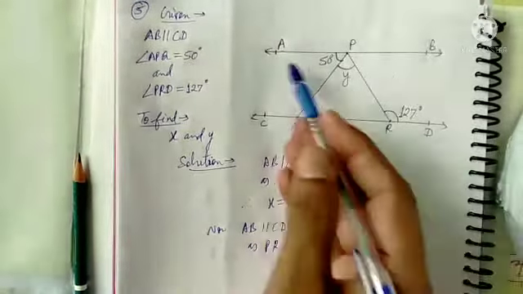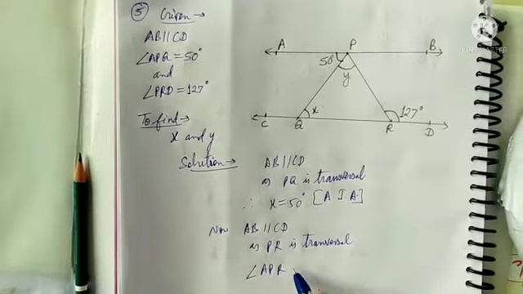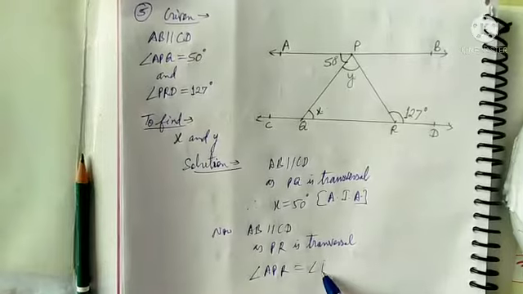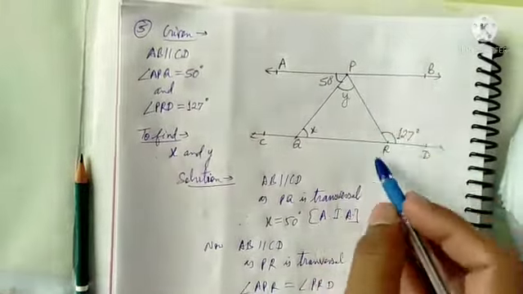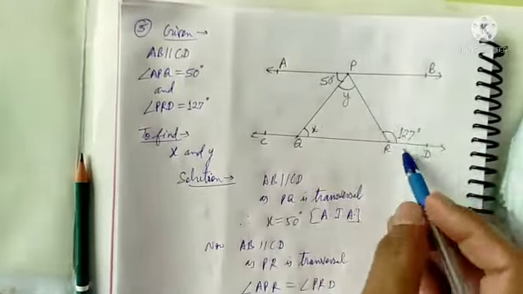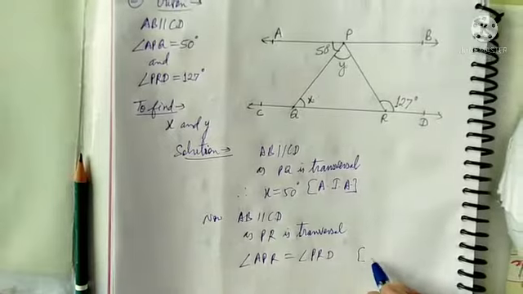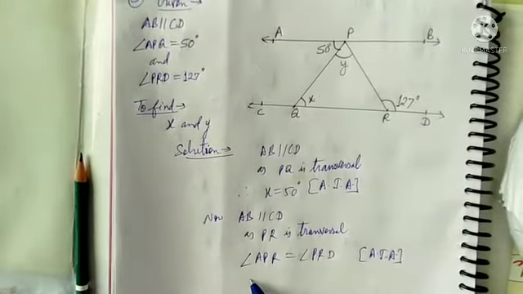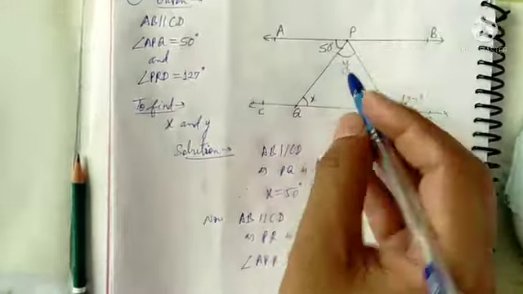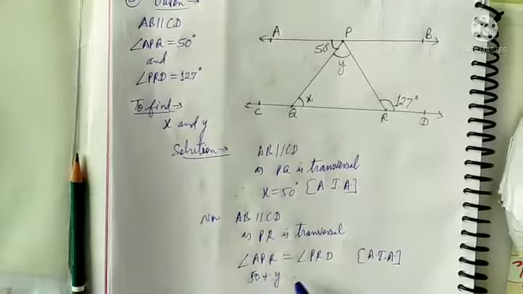If it is a transversal, therefore angle APR is equal to angle PRD. APR and PRD are alternate interior angles again. Reason, alternate interior angle. So what is the APR angle? 50 plus Y.